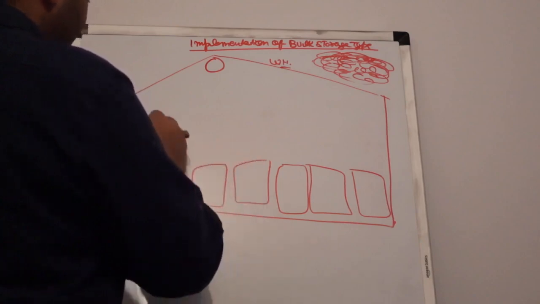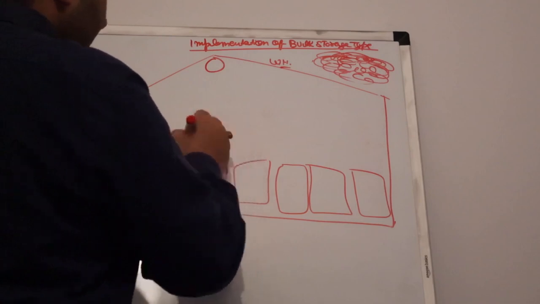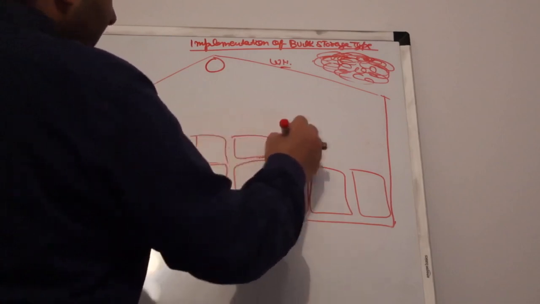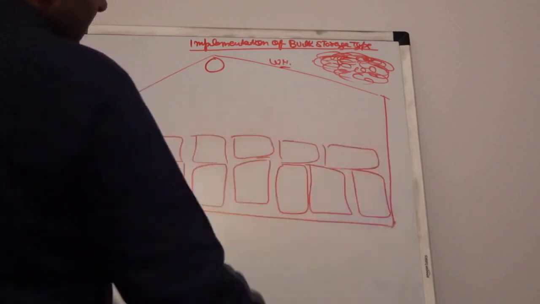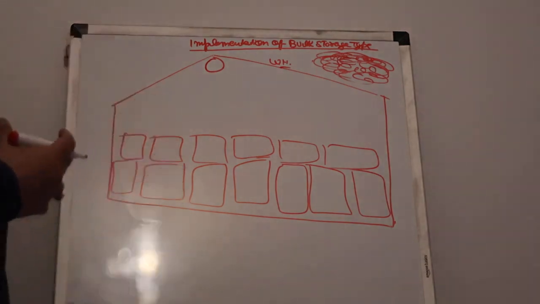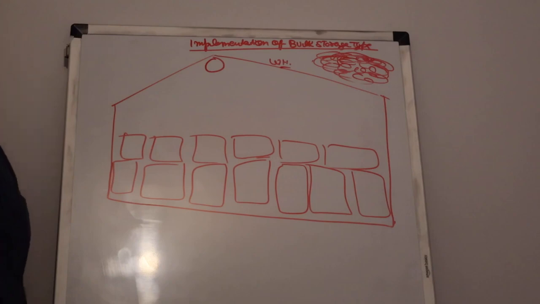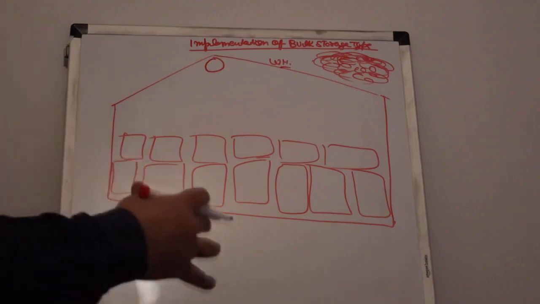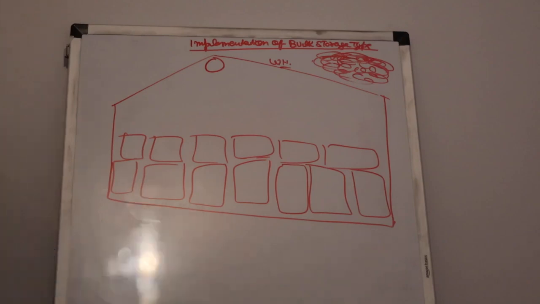So we put bags in this form in our warehouse. Then we have a bulk quantity of bags. Bulk quantity means, first I will explain through the diagram, then I will explain through my own written book for better understanding.